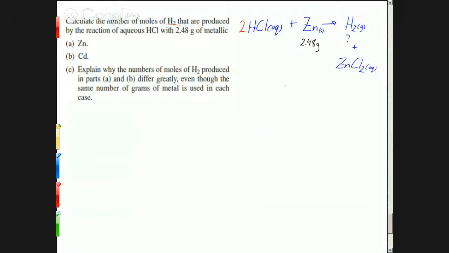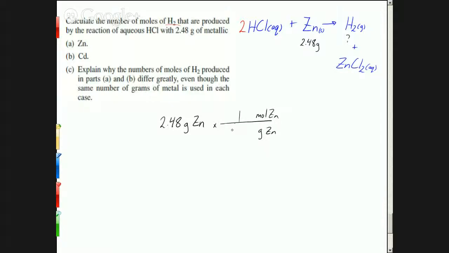Yeah, we're going to need to use the molar mass, right? So we take 2.48 grams of zinc, and we need the grams of zinc per mole of zinc. How do we find the number of grams per mole? Right, the molar mass or the atomic mass on the periodic table.